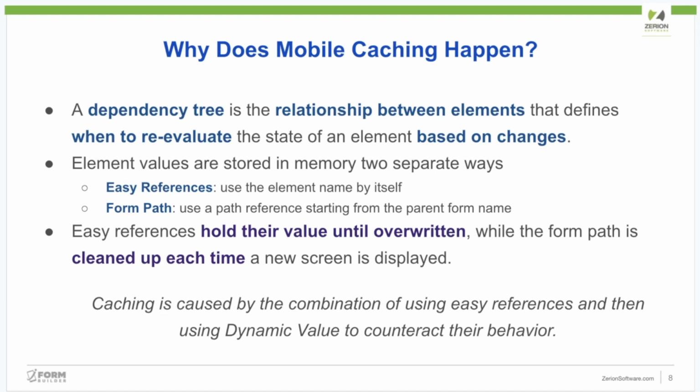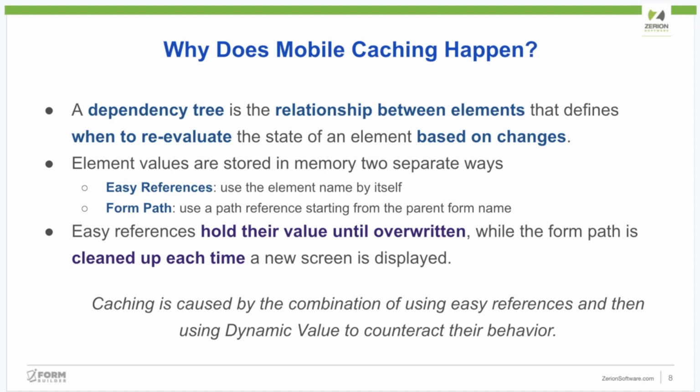Taking these two concepts, the different references and the dependency tree, caching ends up being caused by the combination of using easy references. But then there's another aspect to this, which I'll introduce here, which is using dynamic values to counteract that behavior. I am pretty sure this is familiar to a lot of the attendees here.